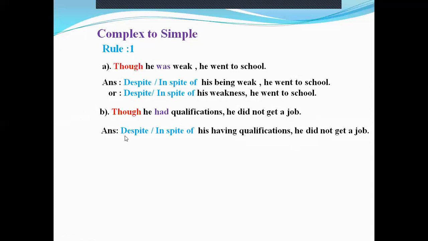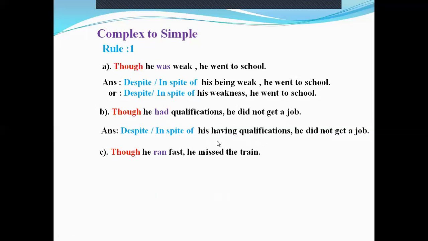So the answer will be despite or in spite of his having qualifications, he did not get a job. I repeat it. Use despite or in spite of instead of though, and write down the possessive form of the subject. Here he is the subject and his possessive form is his, then having for had, and the rest of the sentence.